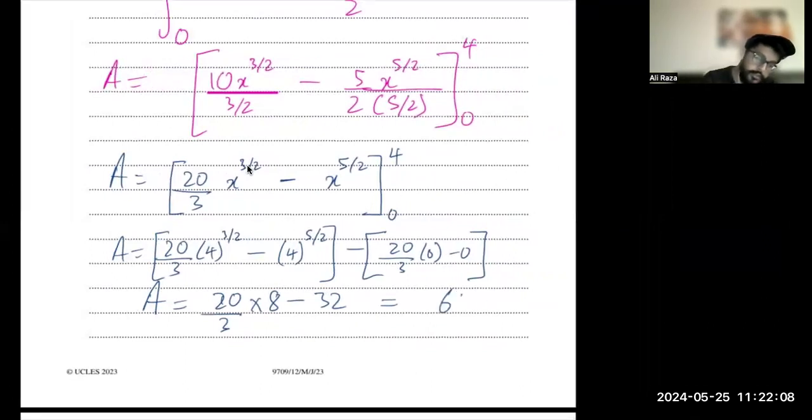The answer comes out to be 64/3, which can be written as 21 whole 2/3 for the area.